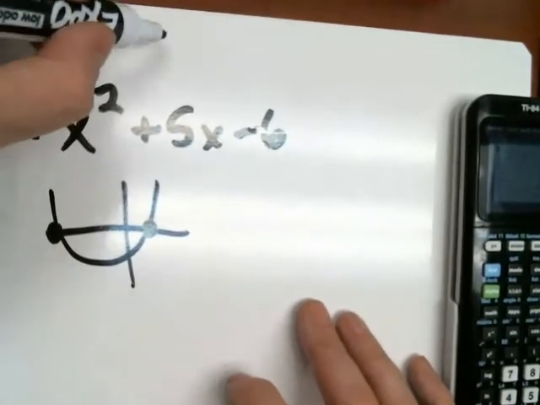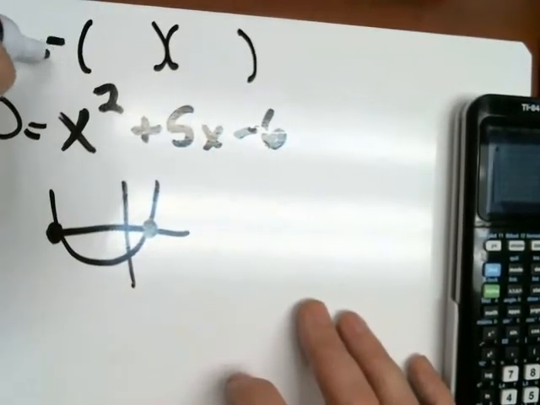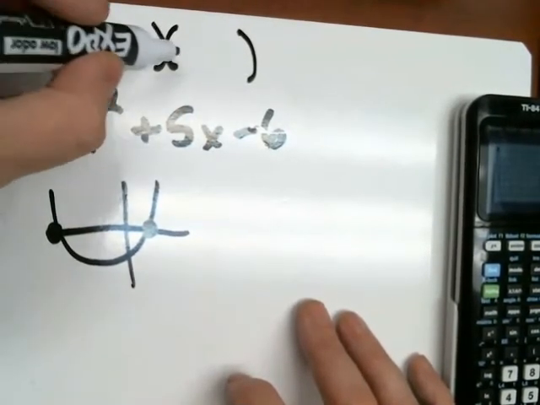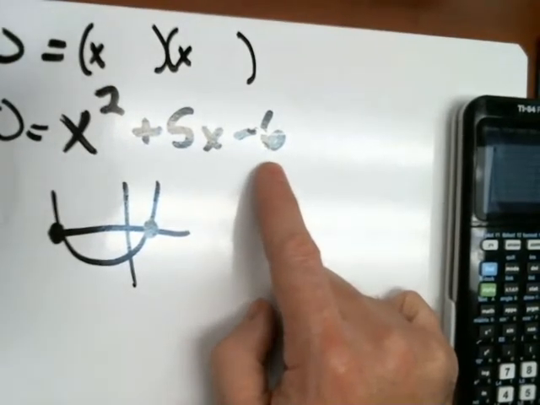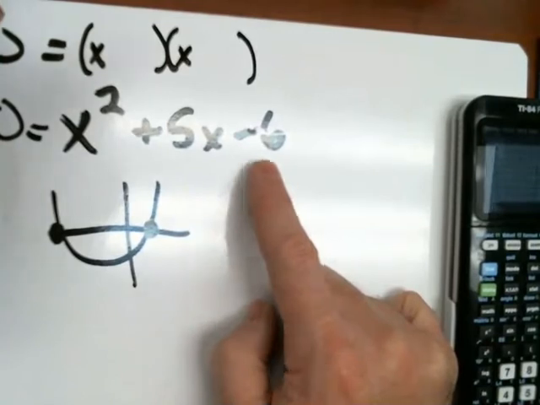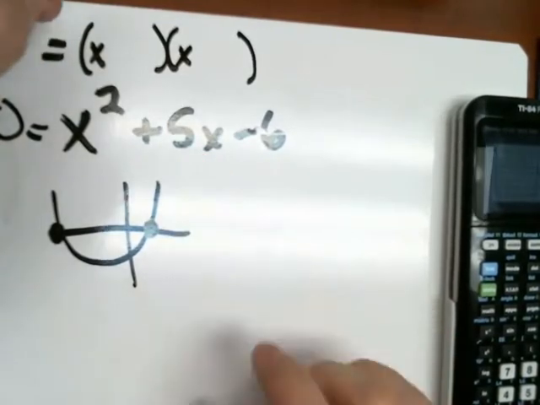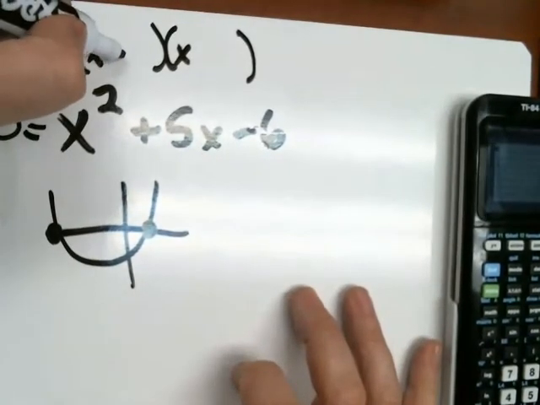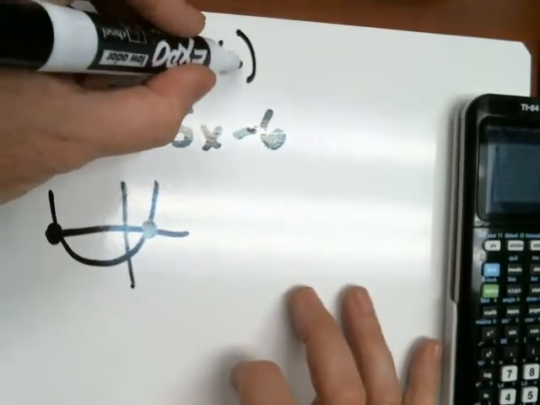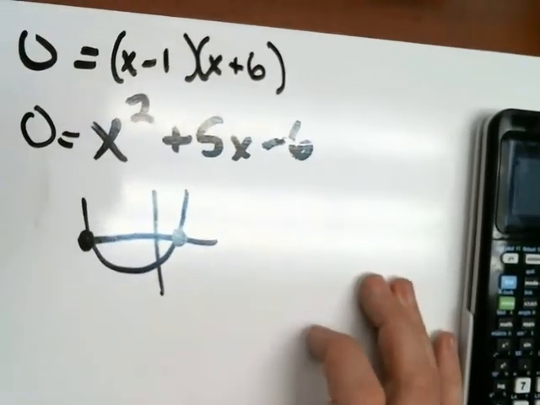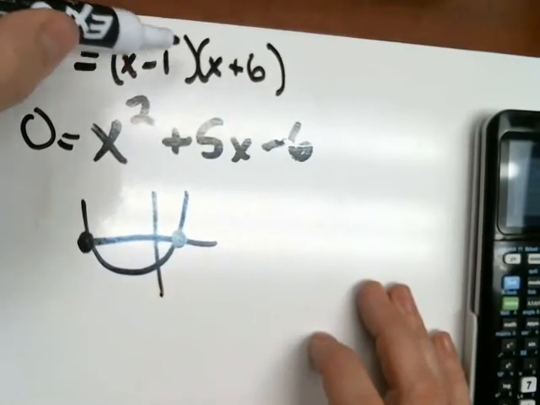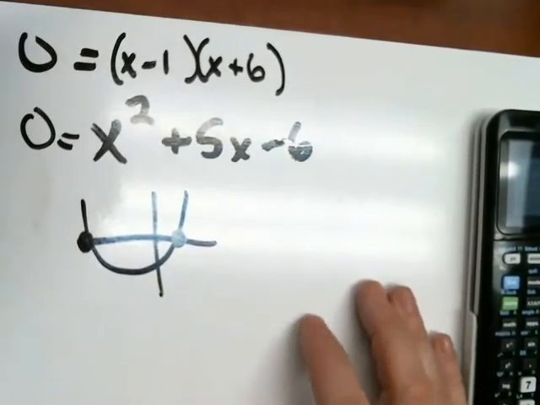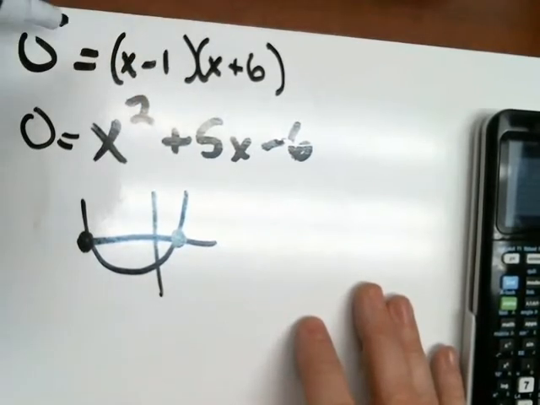We can solve that in a couple ways. One way that we've done in the past is we factor. We factor this down. -6 is the product of -1 and +6, which adds to +5. So we get this factoring, and if I plugged in the number 1 for x, I'd get 1 minus 1 is 0, and 1 plus 6 is 7, but 0 times 7 is 0. So that would work.